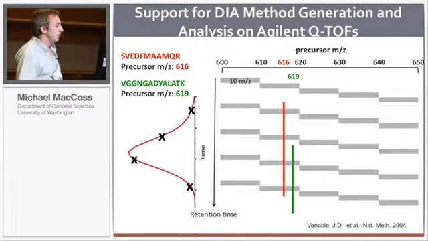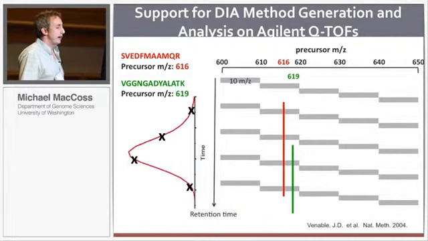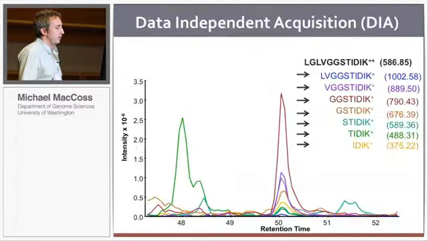To give you a sense of what it is, instead of doing data-dependent acquisition, we just have wide windows that span a range of 10 or 20, that sit across a given mass range. We do MS on those windows in a systematic, reproducible way, and then we extract precursor and product ion chromatograms from that data. So the data in the end looks just like SRM data, except it's done on everything all the time across the entire mass range.